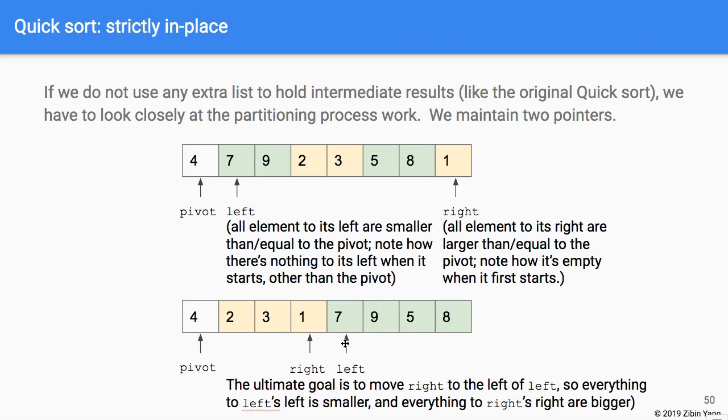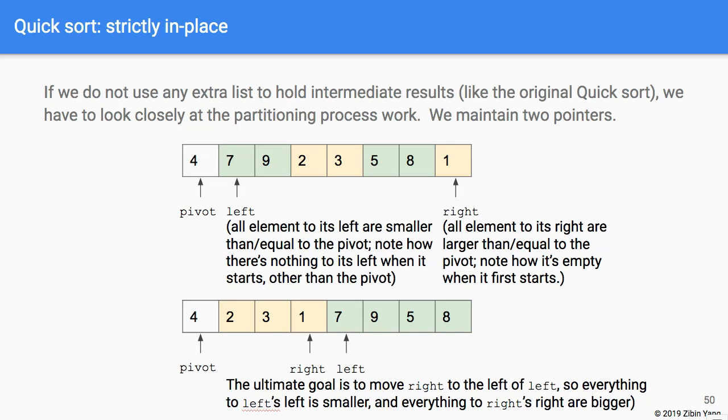And everything to the left of the left pointer, the slightly yellowish part, are all smaller than the pivot. So that's the condition under which we know we're done moving the left and the right pointers. This terminating condition is super important to the partitioning process, so keep that in mind.